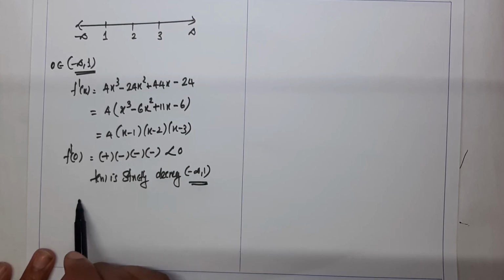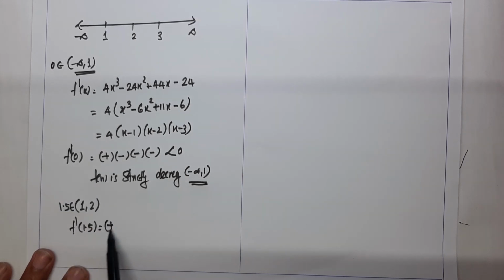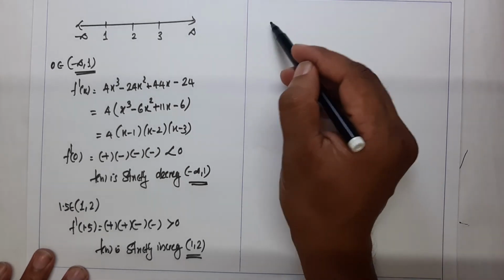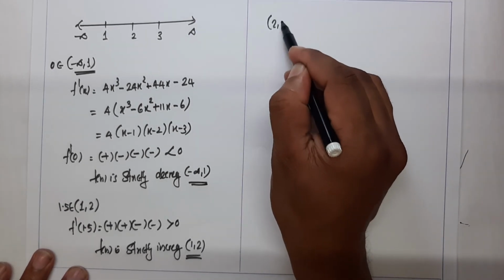Now we collect the second interval, 1 to 2. We select 1.5, that is f dash 1.5. 4 is always positive, 1.5 minus 1 is positive, 1.5 minus 2 is negative, 1.5 minus 3 is negative, which is greater than 0, and therefore f of x is strictly increasing in the interval 1, 2. Now the third interval is 2 to 3.